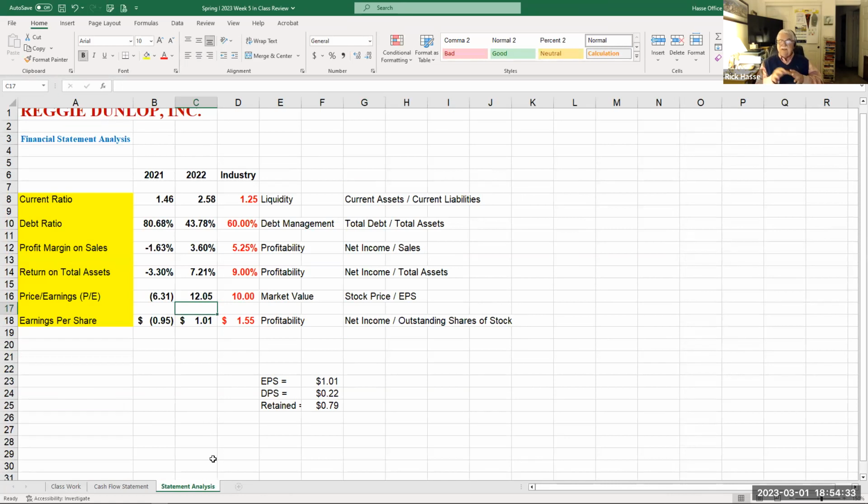And this is what this means. And we're going to talk a lot more about this when we get to finance in stock market. In other words, the stock price is 12 times greater than the earnings per share. Notice the market for this industry, most of the companies have a 10 times greater.